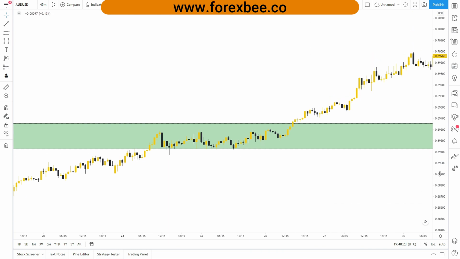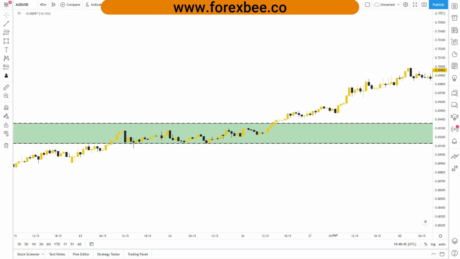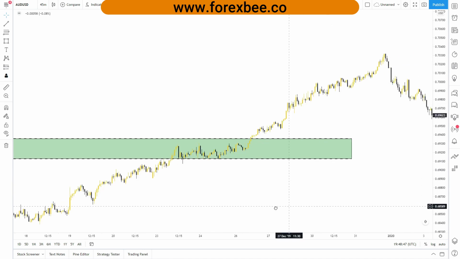Now I hope you remember in the beginning I said even if our resistance zone is crossed, it is still useful, because after the price crosses the resistance zone, this zone will start acting as our support zone. So let's see how strong this support zone was and how long it held. It was valid.